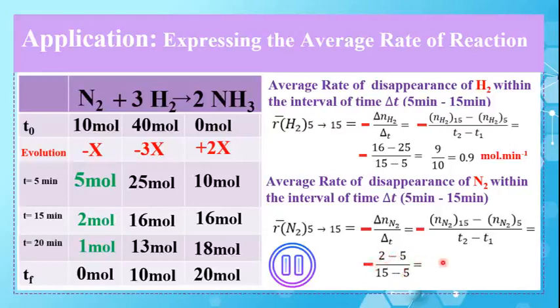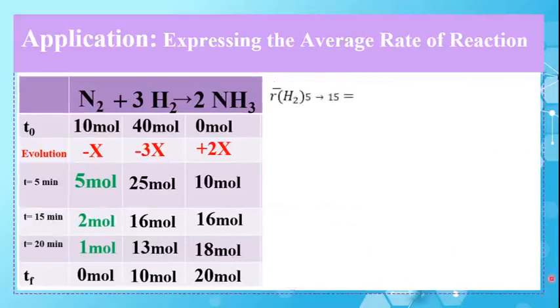With the minus here, we will get 3 over 10 equal 0.3, and the unit is mole minute minus 1. These two numbers are different. So, once more, the average rate of disappearance of H2 in the interval of time 5:15 is equal to 0.9 mol minute minus 1. That of N2 is equal to 0.3 mol minute minus 1, calculated before.